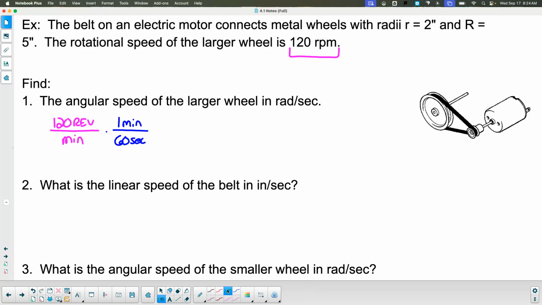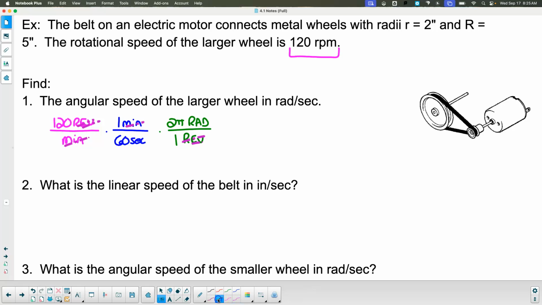Now I'm in revolutions per second. Two pi radians over 1 revolution. That's it? Because now I'm in radians per second, which it told me that I needed to be in.